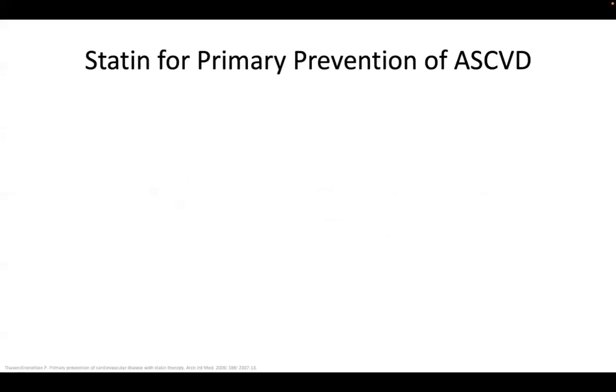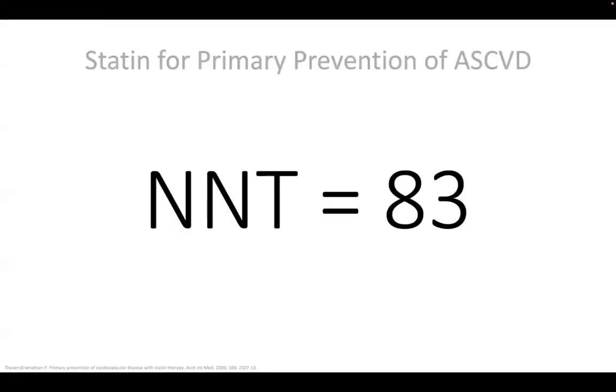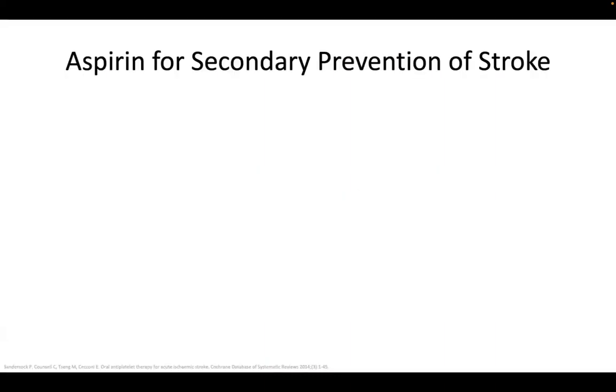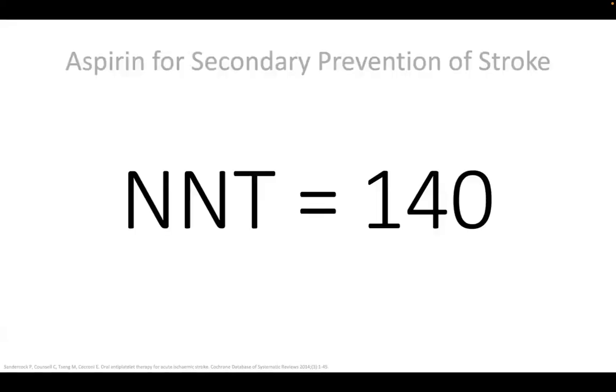Now, before we get into the specifics of buprenorphine, let's put its effectiveness into perspective by comparing it to medications we know save lives every day. What would you guess is the number needed to treat with a statin for primary prevention of an adverse cardiovascular event? 83. What about aspirin for secondary prevention of stroke? 140.